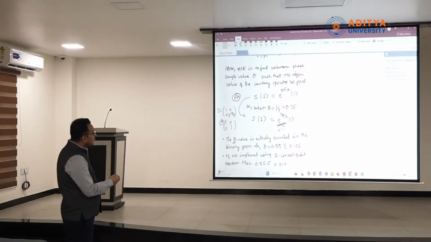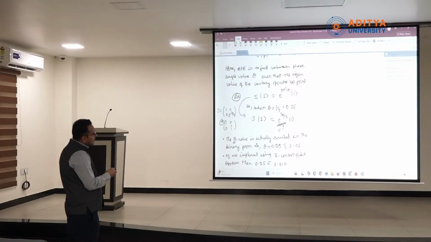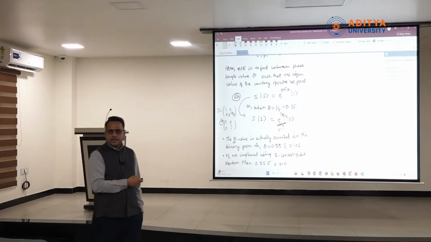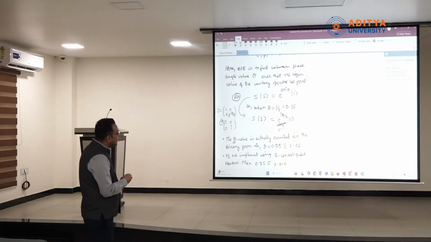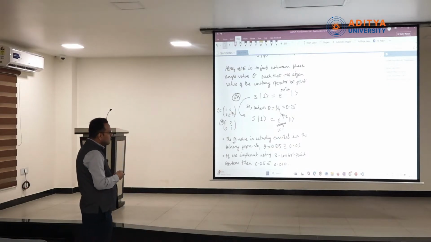Okay. So as an example, I am having S. What is S? Phase gate. Yes? S is a phase gate. Which phase? Pi by 2. Theta is pi by 2. Because theta is pi by 2 here, the S gate is applied on one quantum encoded state. This is an example.